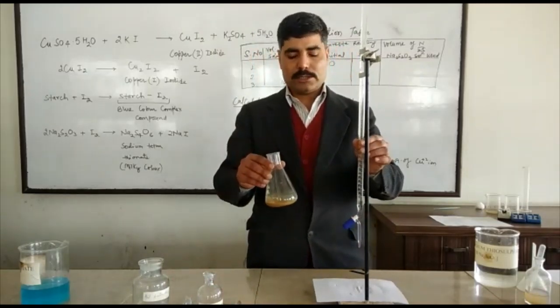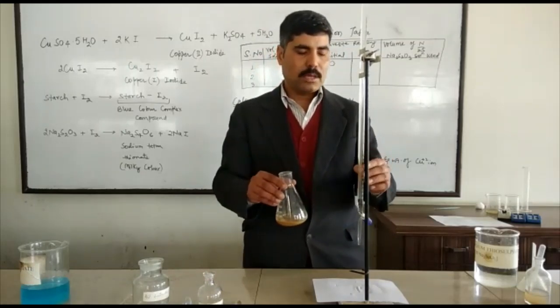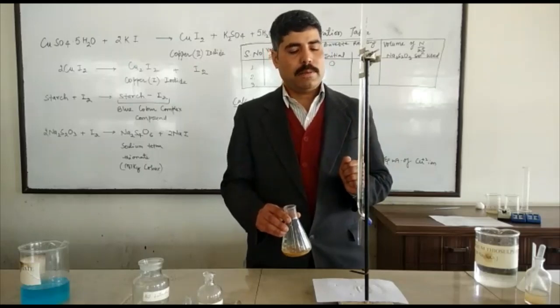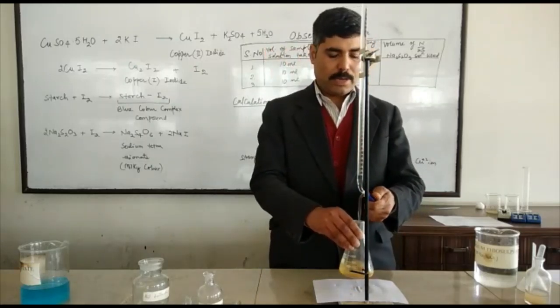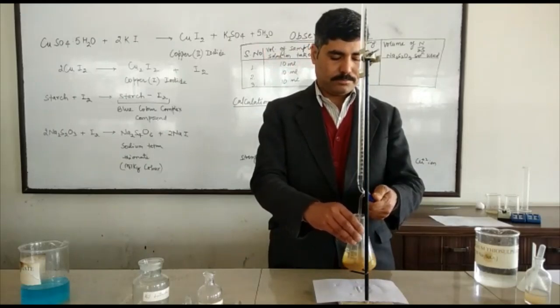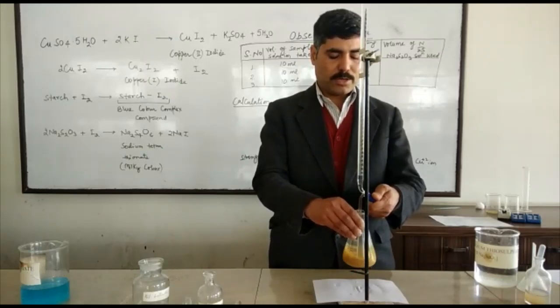Now we have to titrate this dark brown color solution with N/25 sodium thiosulfate solution till a pale yellow color appears. During the titration, you have to add the standard solution in a dropwise manner into the conical flask.